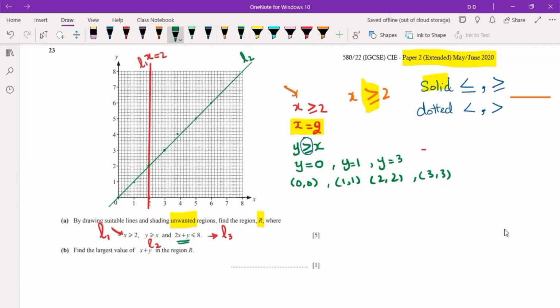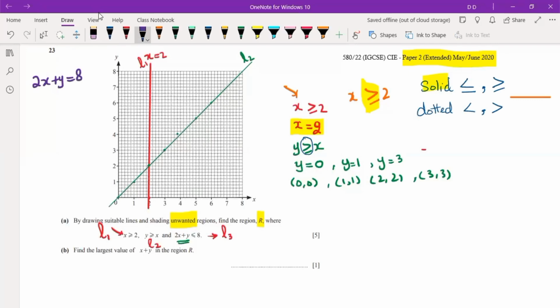So let's move towards the third line, line 3. Line 3 says 2x plus y is less than or equal to 8. Let me do the working on the left side. 2x plus y equals 8.